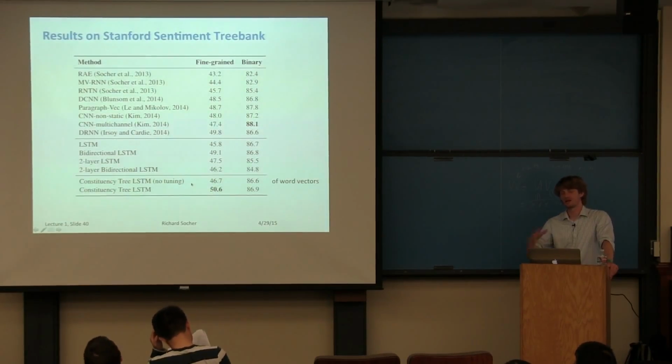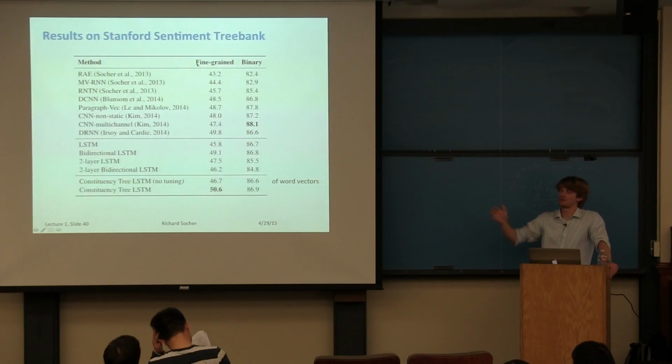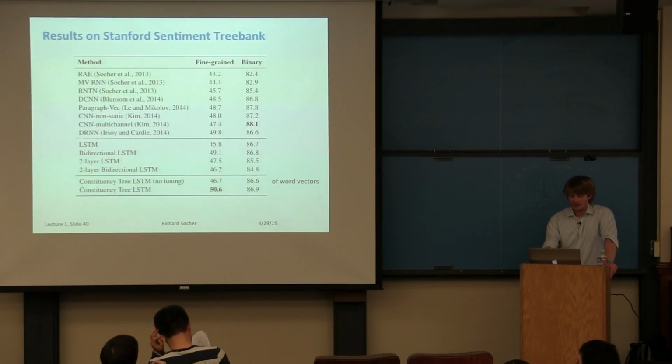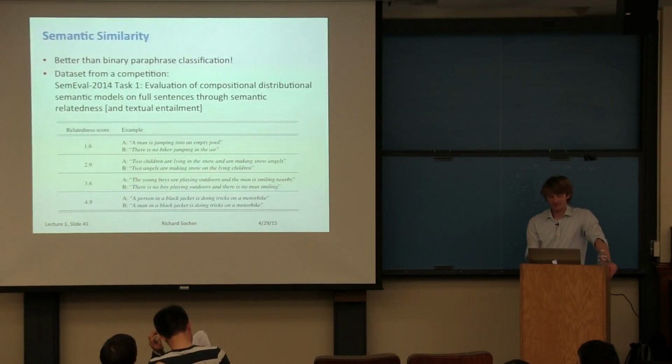We can just take the original GloVe or word vectors and fix them. Or we can actually allow the model to backpropagate into the word vectors. And if we do that, this model gets us the highest accuracy in terms of fine-grained, so very negative, negative, neutral, positive, very positive kind of classification. All right, so that's sentiment.